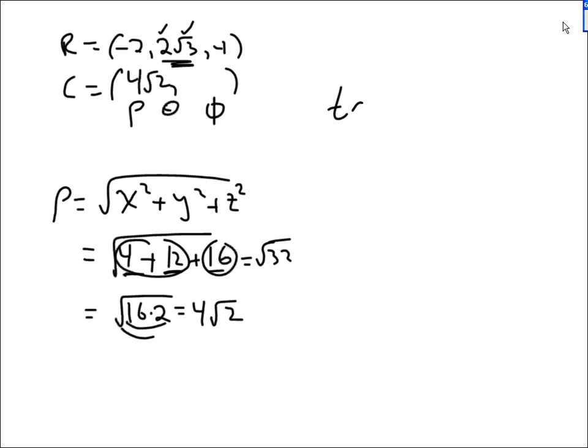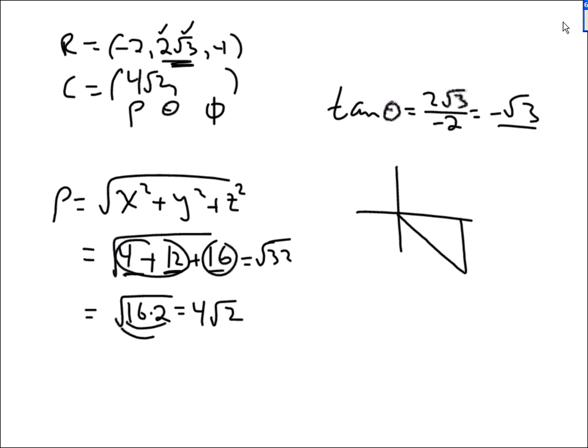The tangent of theta is y over x, which is negative the square root of 3. Tangent is positive in quadrant 1 and negative in quadrant 4, so we are in quadrant 4. Tangent is opposite over 1. This is 2. This is a 60-degree angle, better known as 180 divided by 3.